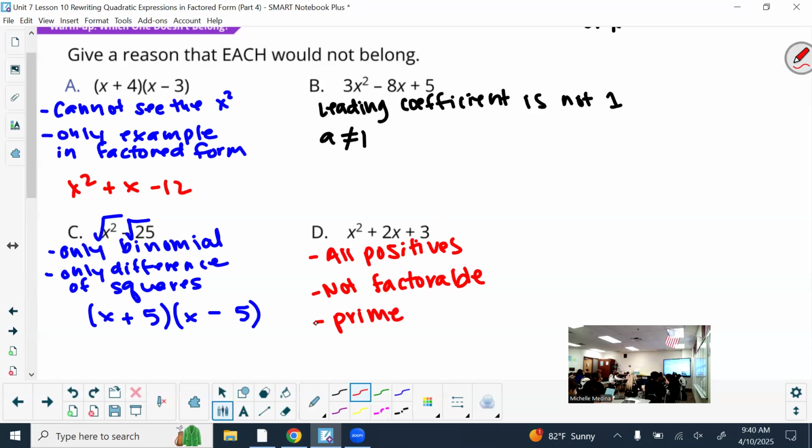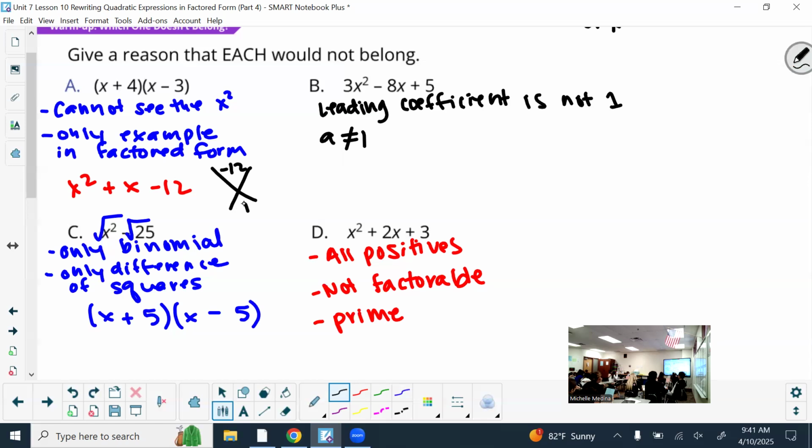Now you might be looking at B and think that that one's also not factorable. I'll show you how B is factorable. That's actually going to be the main idea of today, is factoring stuff that looks like B. But you always check for a GCF first. So like if this was my standard form, if this was given to me and I was told to factor, then I would use my diamond method because it's a trinomial.